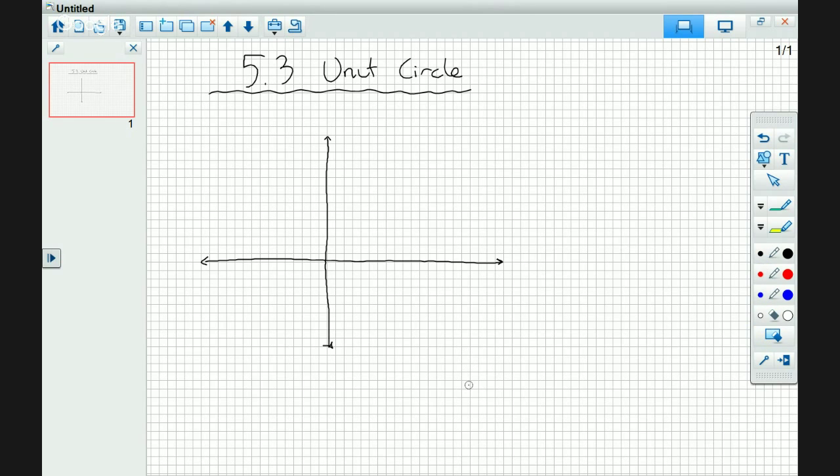Okay, I'm just going to draw my own lopsided circle. So the circle has a radius of 1.